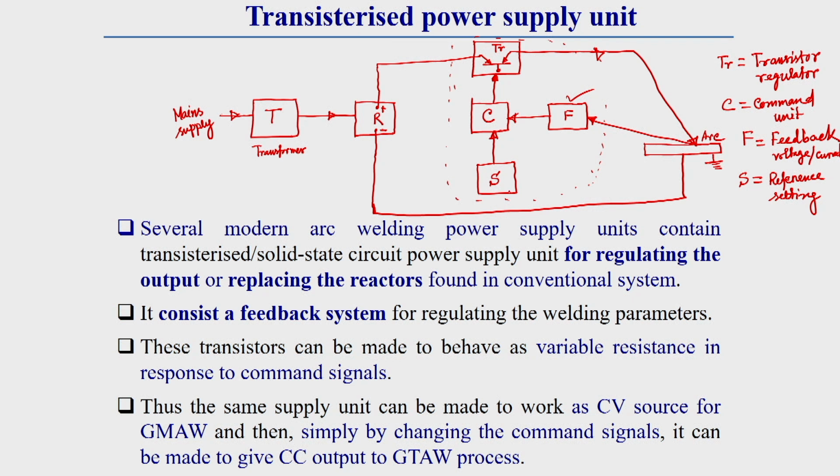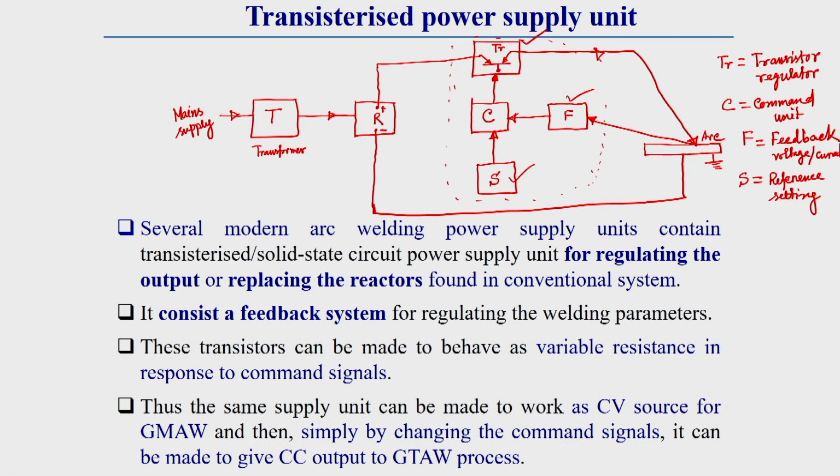Similarly, some reference setting also we provide, where the reference setting also goes to the command unit. Thus the inputs from reference setting S and feedback F go to the command unit. The function of the command unit is to find the error between the feedback and reference setting. This error it amplifies and gives a signal to the transistor regulator.